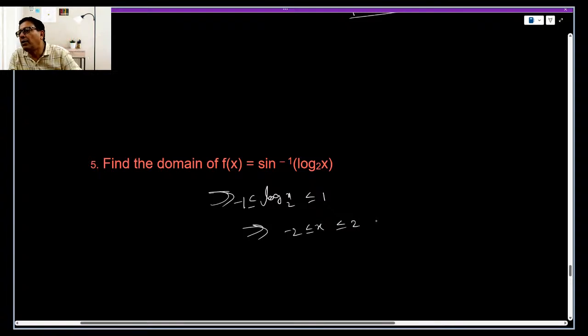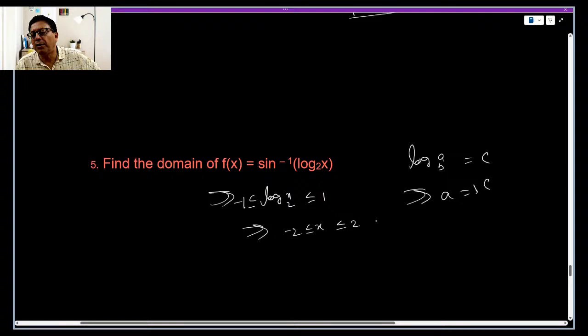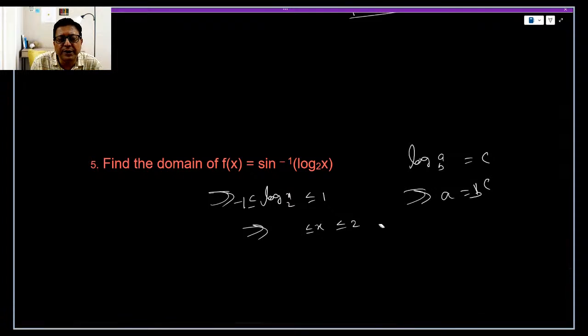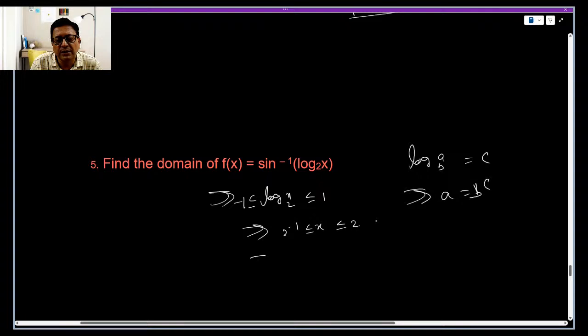I have written a wrong part over there. You must have seen that. Because log a base b equal to c implies what? a equal to b to the power c. Isn't it? So here it is going to be greater than or equal to 2 to the power minus 1. So done, x is greater than or equal to half.